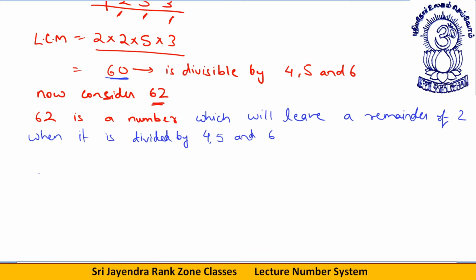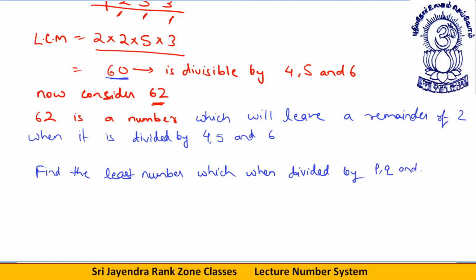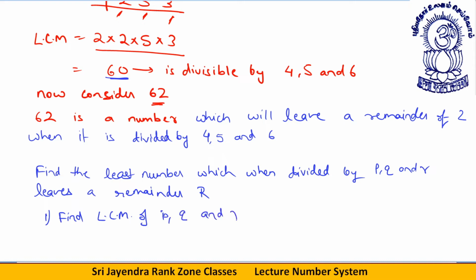So the main concept is that many a times we will be given a question which will say, find the least number which, when divided by, suppose P, Q and R, leaves a remainder capital R. In all such cases, first step, find the LCM of P, Q and R. Let's say L is the LCM.